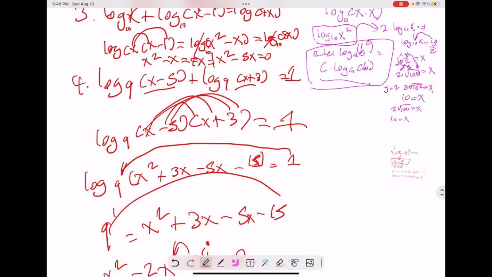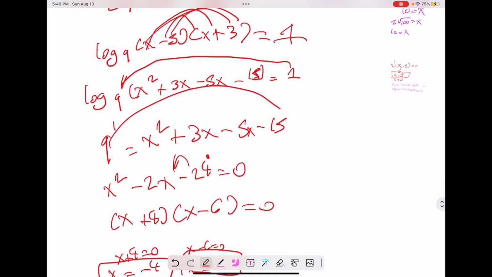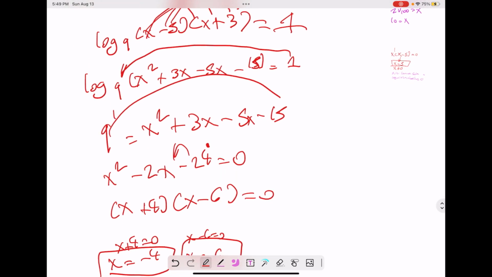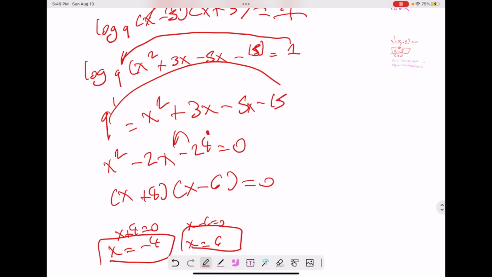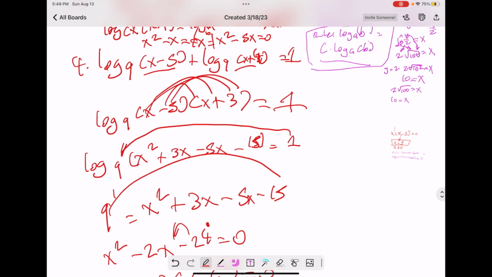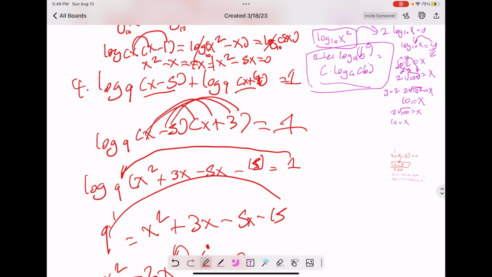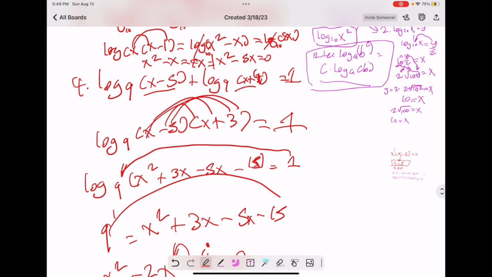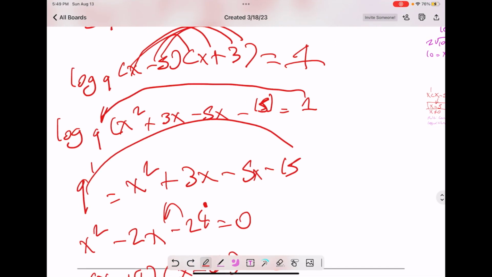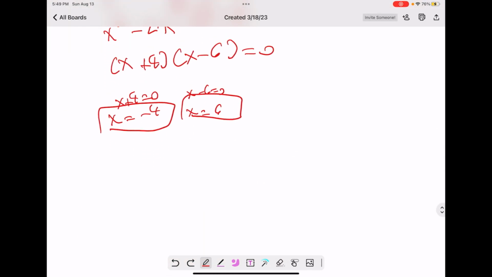If we had, let's say, x plus 4, and technically that wouldn't equal 4, but if we had that, then it would be negative 4 plus 4 which is 0, and then we would have log 9 of 0, which we cannot do. So that's why these are both the solutions this time. And boom, okay. We are done.